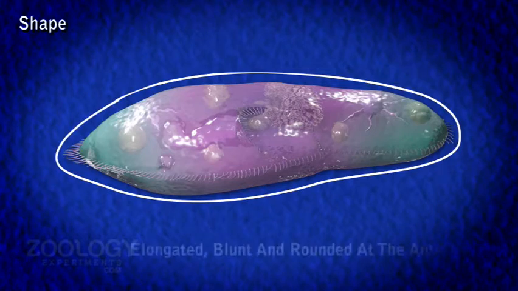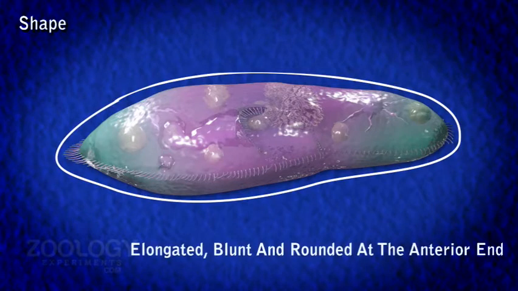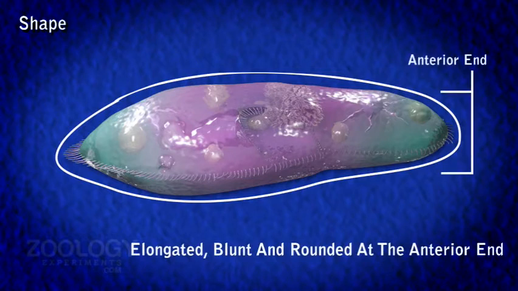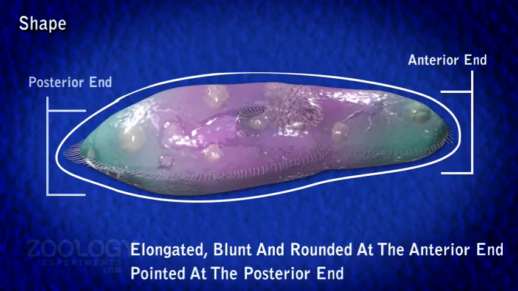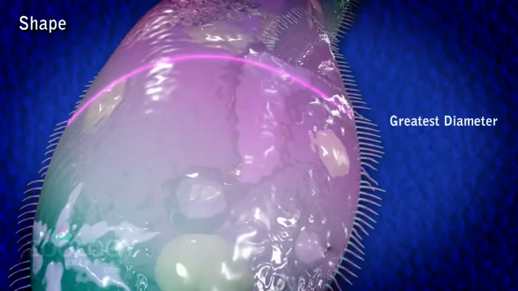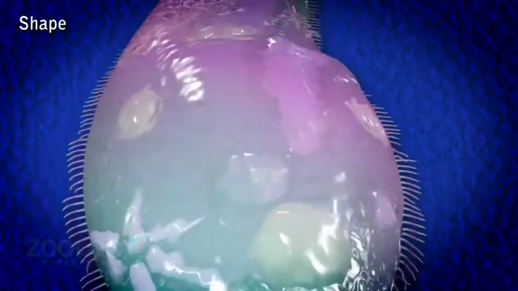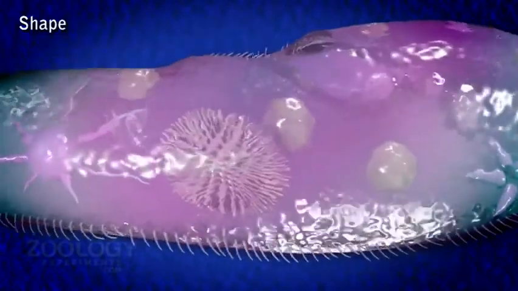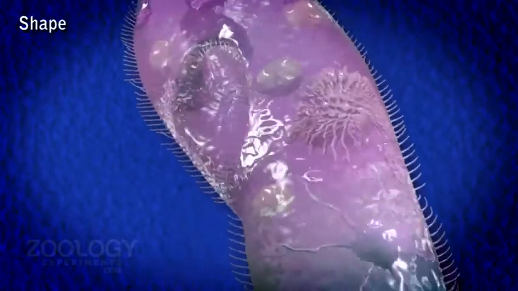The body is elongated, blunt and rounded at the anterior end and to some extent pointed at the posterior end. It is circular in cross-section with greatest diameter behind the center of the body. The anterior half of the body is slightly twisted.